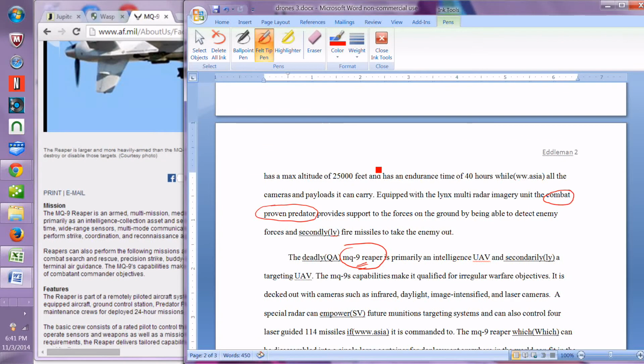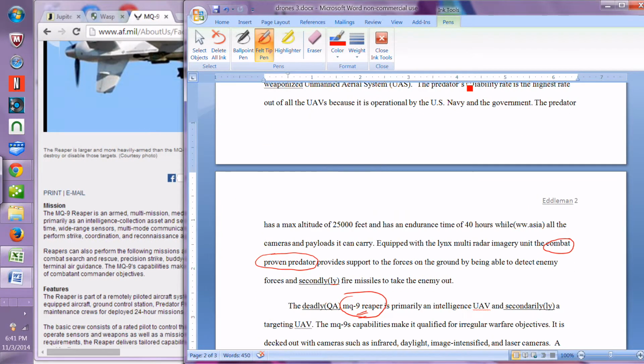Oh, this other one. Let's see. This other who which. Starting here. The Predator has a max altitude of 25,000 feet and has an endurance time of 40 hours while all the cameras and payload it can carry. This, I gave you partial credit on this one also because it doesn't make sense to me.